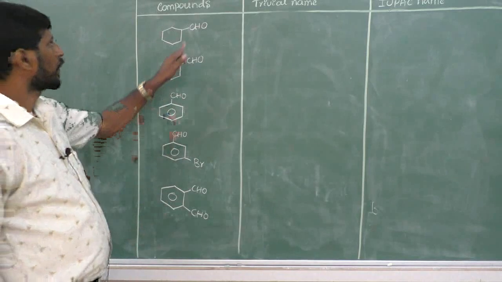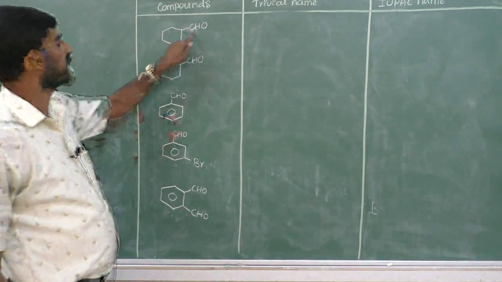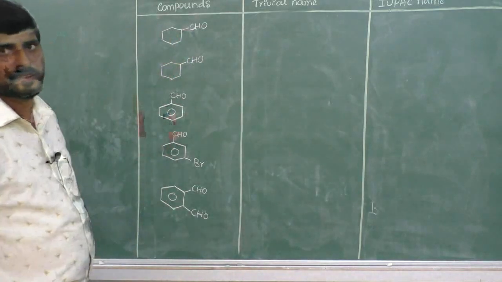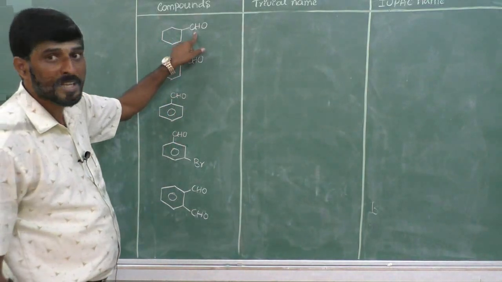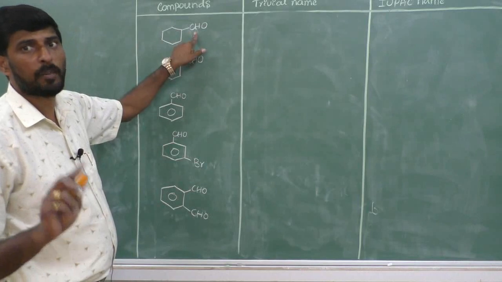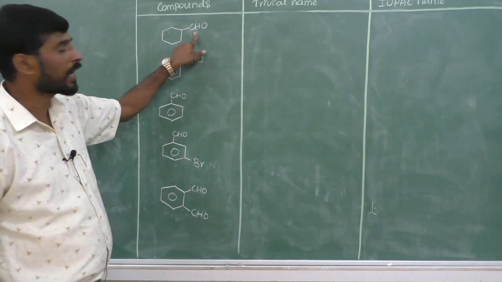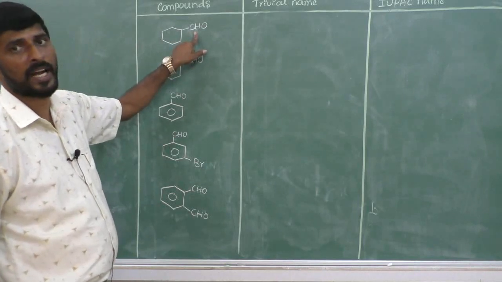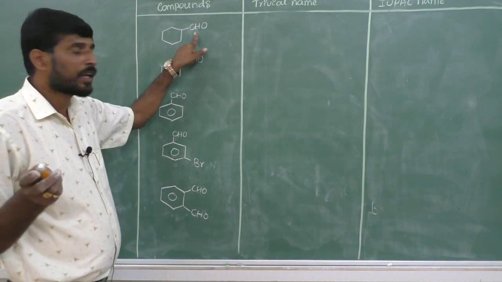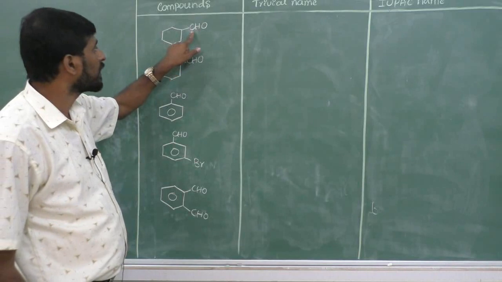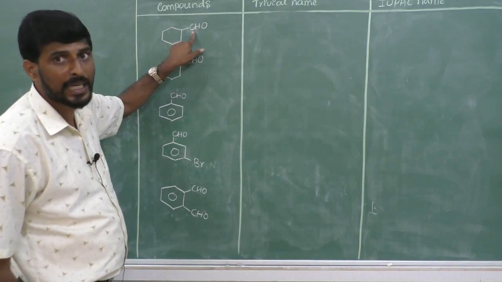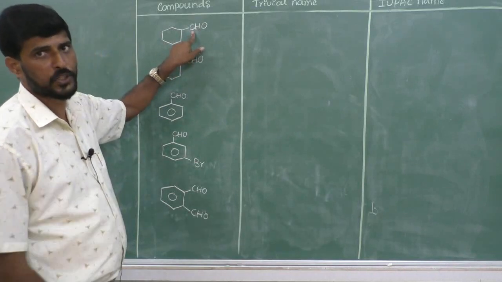Now, suppose the CHO group is attached to a cyclic ring, then we have to use a special suffix, that is carbaldehyde. When it is named as carbaldehyde, please remember this carbon atom is not included in the parent chain.